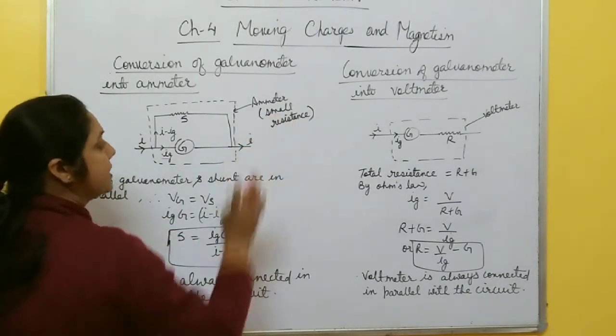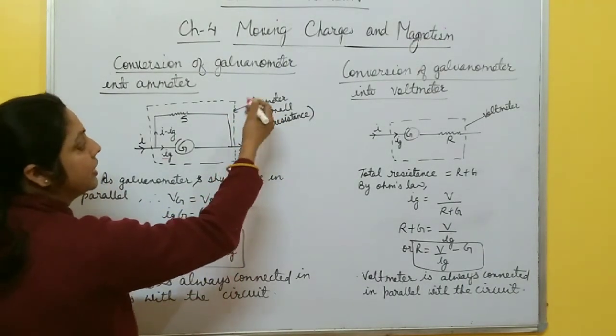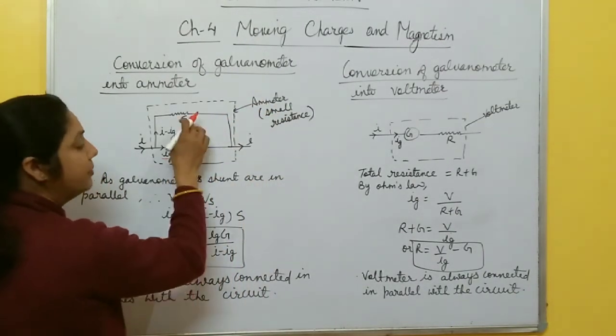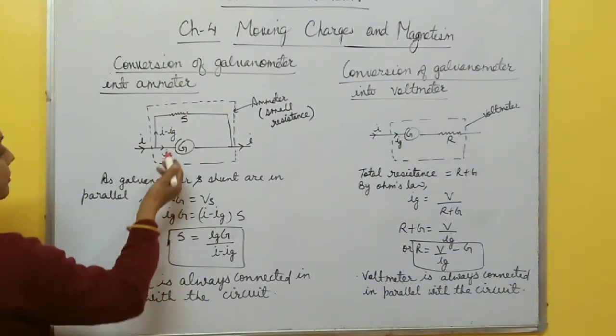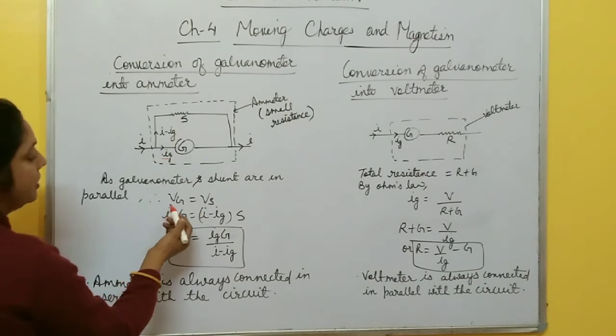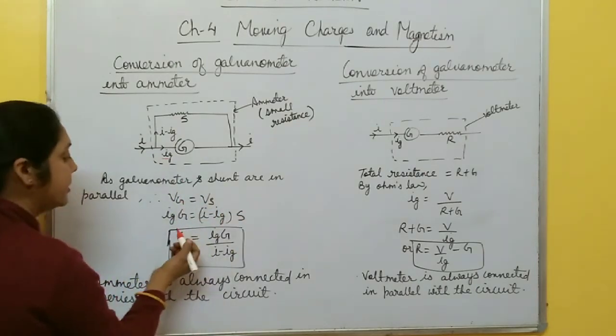So this ammeter must have a small resistance, and to construct an ammeter we connect the galvanometer in parallel with the shunt resistance, right? Both are in parallel connection, so the potential difference across the galvanometer is equal to the potential difference across the shunt resistance.